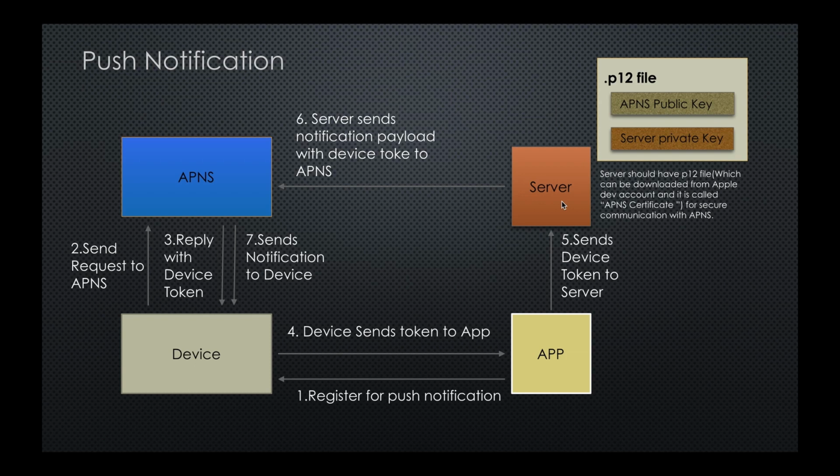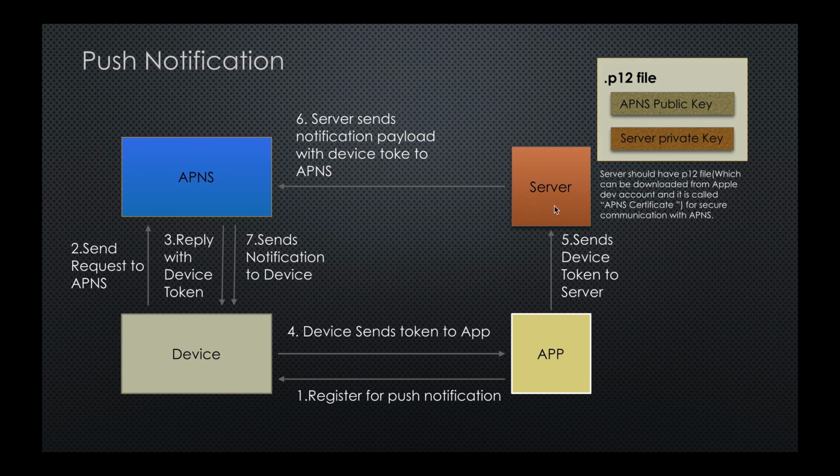Push notification is nothing but some message coming to your application saying, hey, update this, or we have some new exciting offers. So the message needs to come from somewhere. It comes from a server, which is from you or hosted on some cloud.